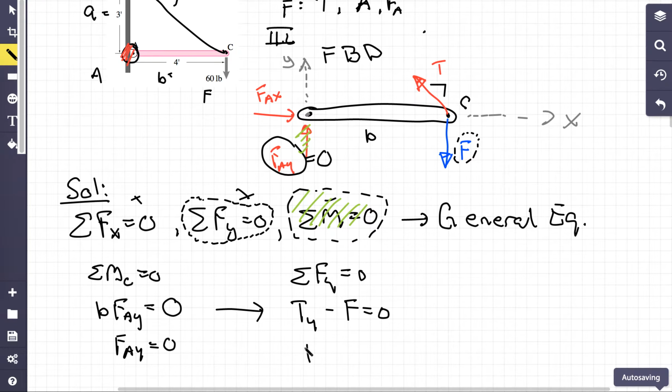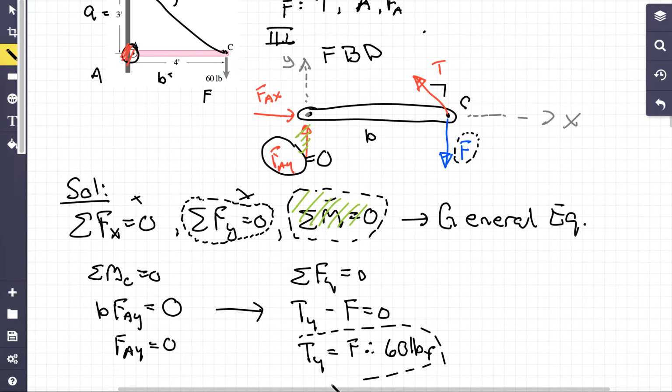Therefore, TY is equal to F, which in this case is indicated by 60 pounds of force. It doesn't tell us what T is, though. That's what we have now.